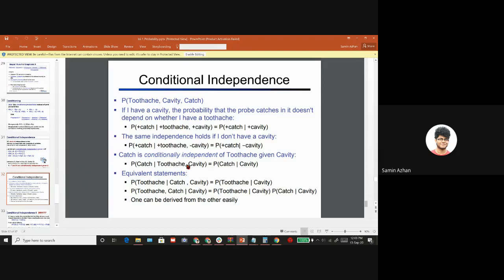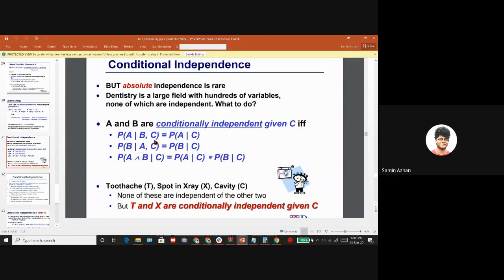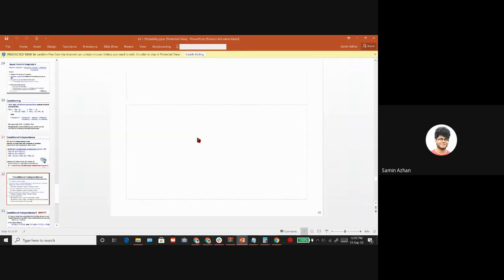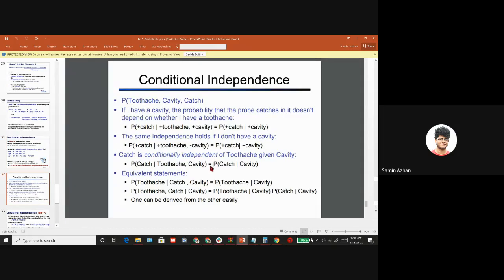So what we're doing here is the first condition, A given B, comma C, if that's A given C. So if we are not dependent on toothache, we can simply omit that and check that the values are equal. If they are, then we can come to this conclusion.